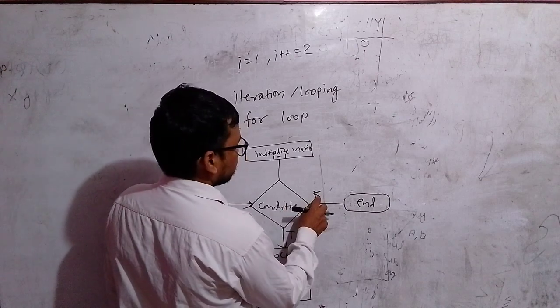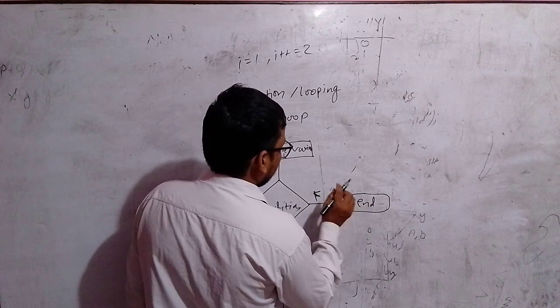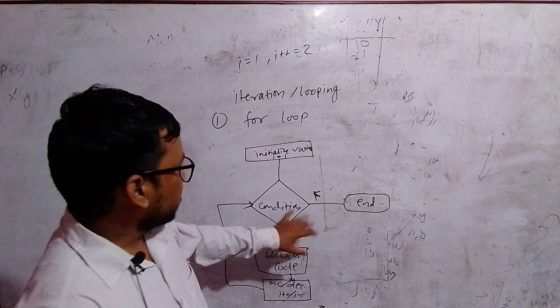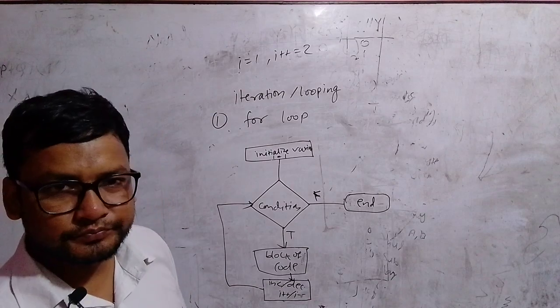If the condition gives a false result, then the for loop will terminate. Now this is the flowchart of the for loop. While loop.